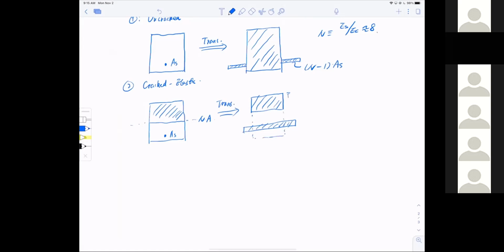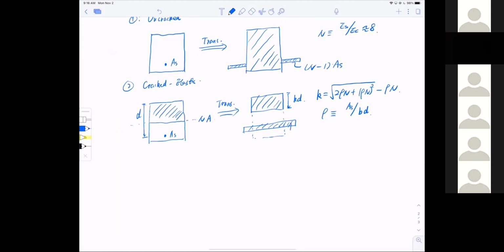We also mentioned last time that the compression zone is kd, d being the depth of the rebar. We did some calculation to prove that k equals the square root of 2 rho n plus rho n squared, minus rho n, rho being the reinforcement ratio, the area of steel divided by the width and depth of the cross section.